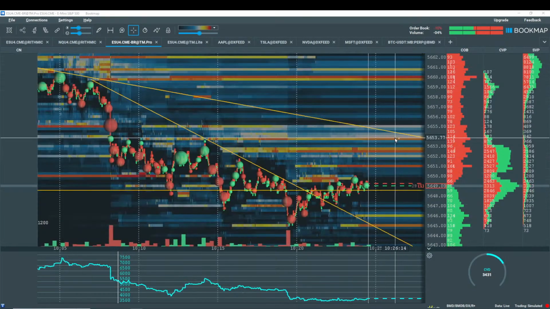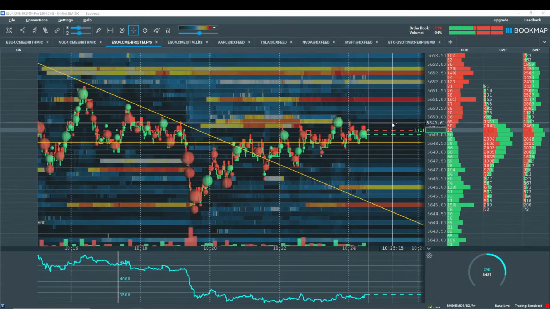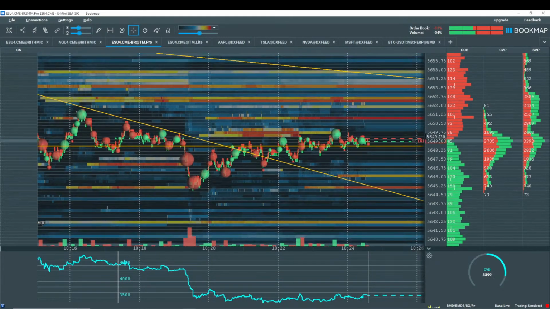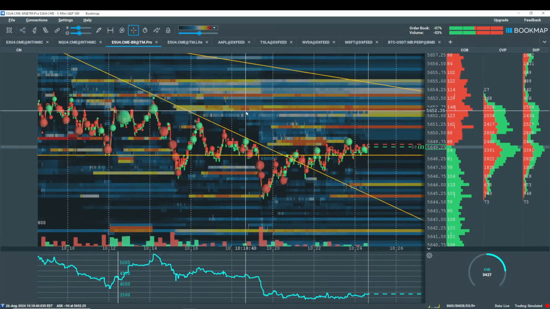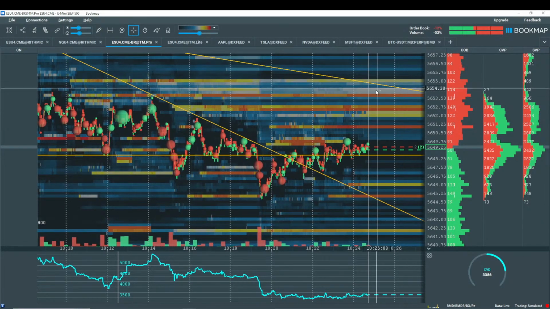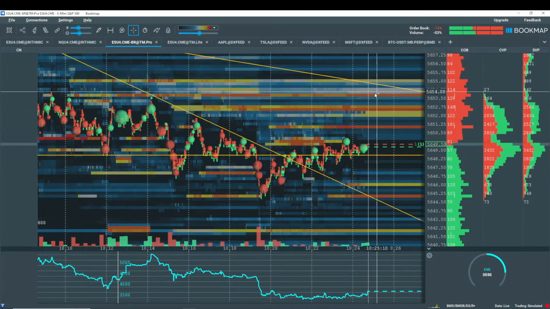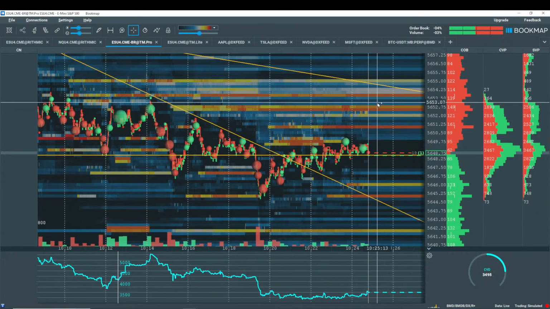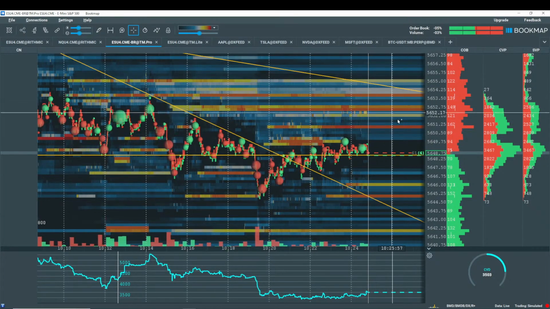Okay, and if we do see those buyers come in and the order books flip and change, then we're looking for a move back up to our swing at 52 or so. We look at this other trend line, and we're looking for this liquidity up here to transact, or we want to look at the context up here.